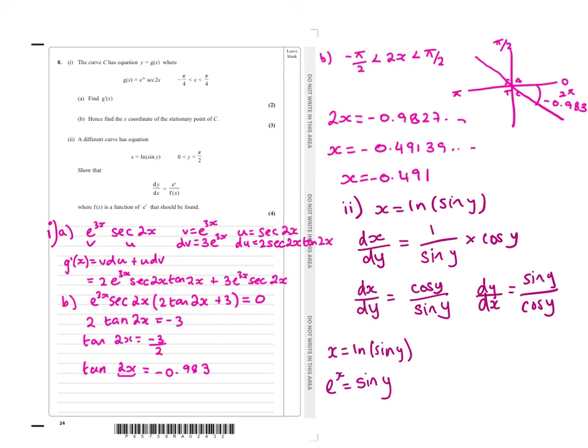How do we find out what cos y equals? Well, we know that famous identity: sine squared x plus cos squared x equals 1. So cos squared x equals 1 minus sine squared x, square rooted. And then that's what cos equals.